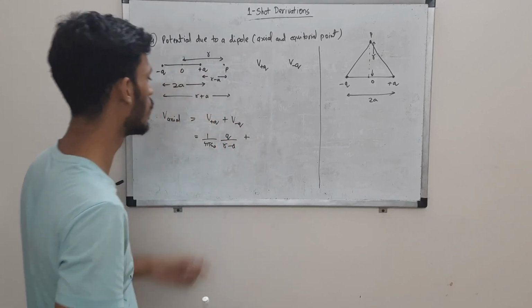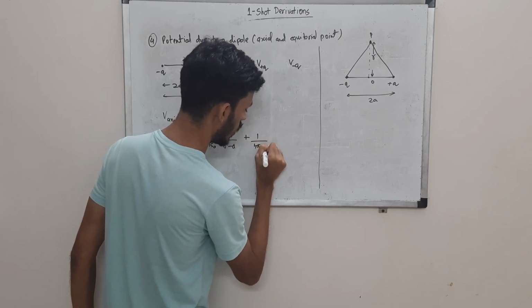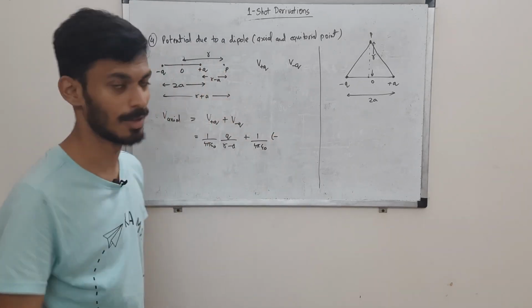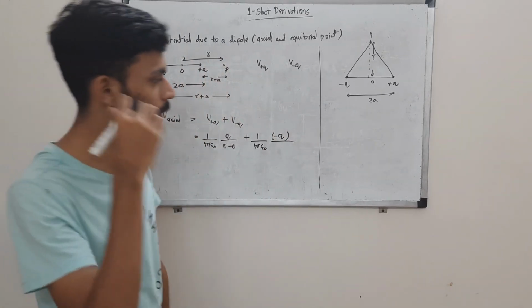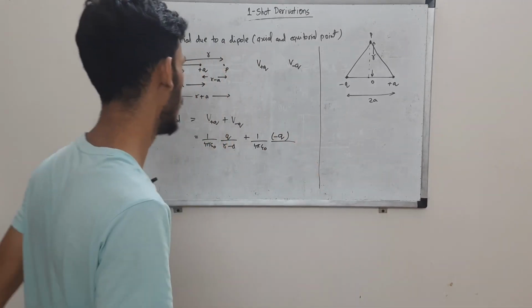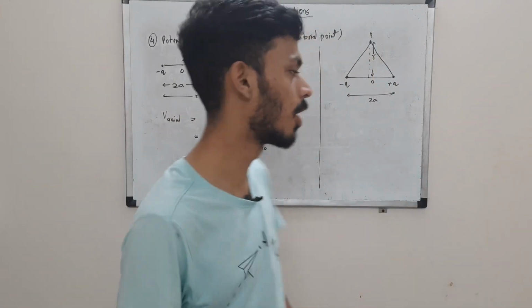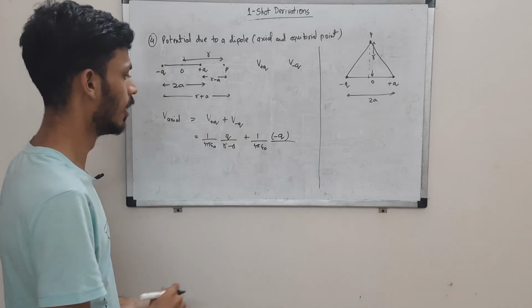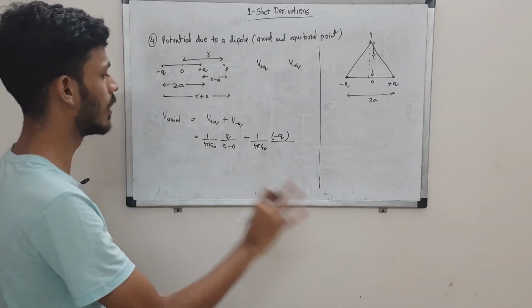Similarly, the potential due to minus q will be given as 1 upon 4 pi epsilon naught, the charge with the sign. Since potential is a scalar, you have to be very careful about the sign. In electric field you can just check the direction and assign accordingly, and add how the vector law suggests. But here you have to place everything with the sign.